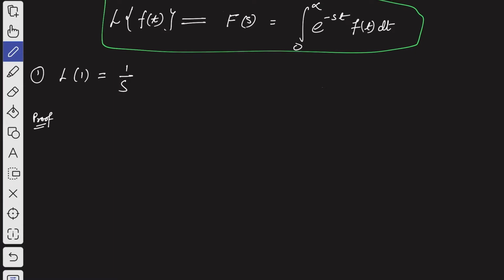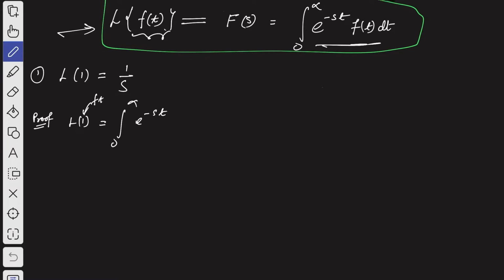So now here you see, Laplace transformation of 1. According to this formula, Laplace transformation of f of t is equal to this one. So Laplace transformation of 1, here we will get 0 to infinity e to the power minus st, and here this f of t is 1.